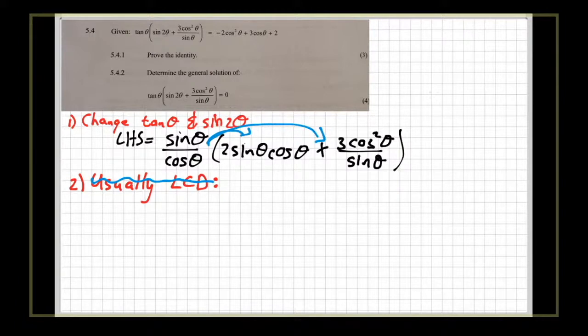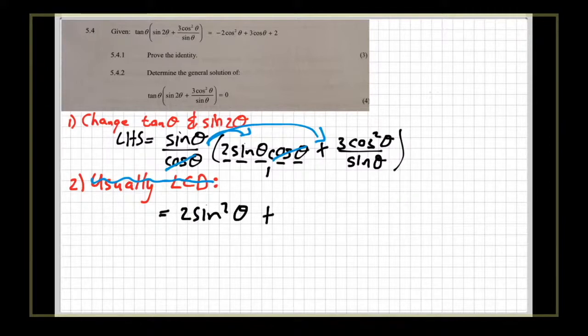The reason why I'm deviating from what I would normally do is that I have the foresight that, because this 2 sine theta cos theta is over 1, the cos theta divides away with that cos theta, leaving me with an absolutely gorgeous sine theta times 2 sine theta, which is 2 sine squared theta.